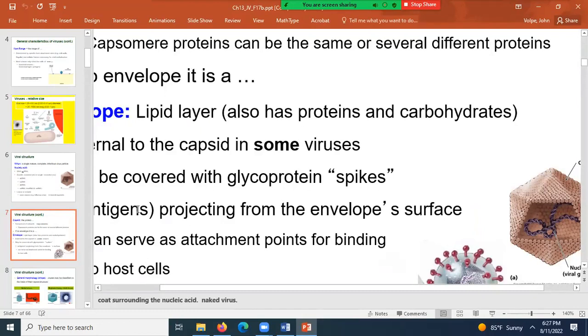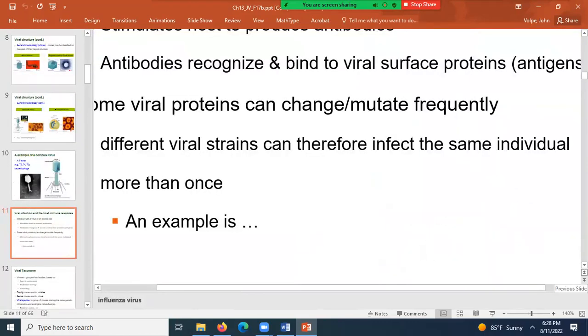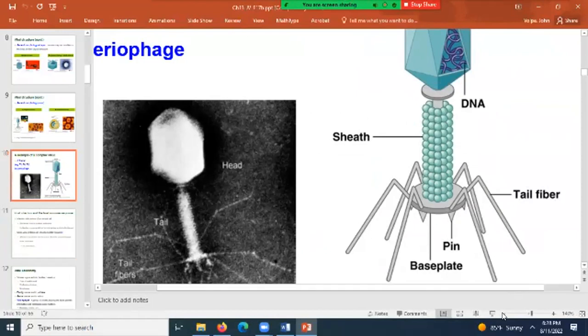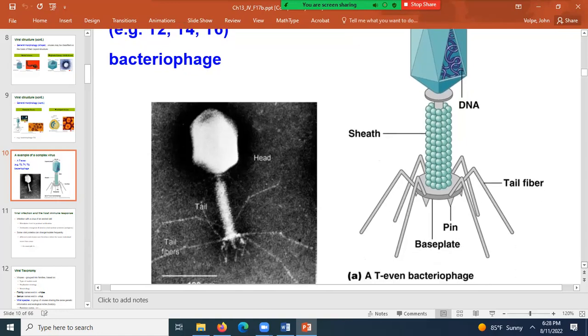Let me skip many slides. Here we go, right here. Shrink this down. Here we have different capsomeres in the head portion of the virus, different capsomeres in the sheath, different capsomeres in the tail fiber, and different capsomeres in the base plate.